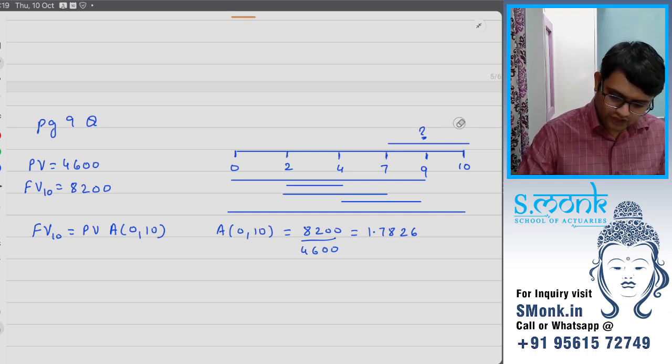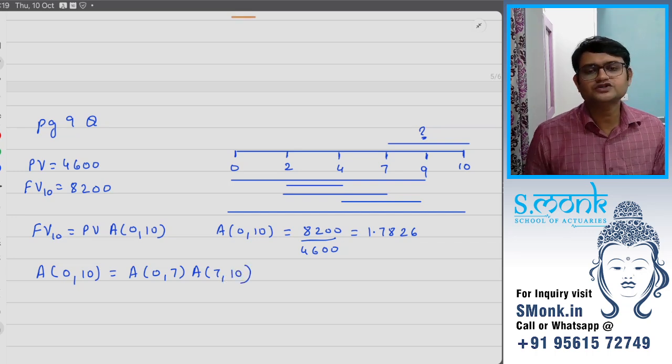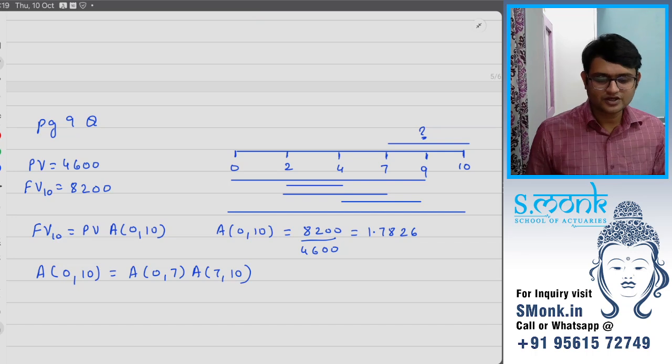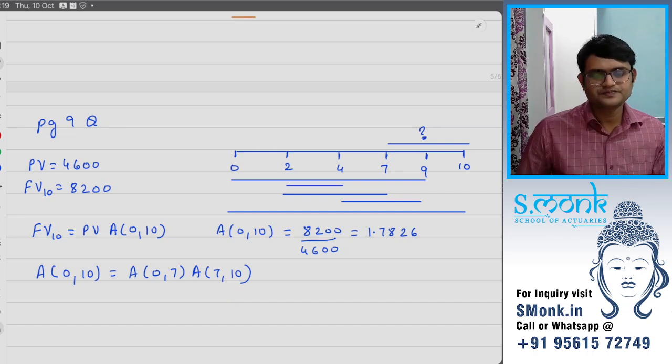So I can say accumulation factor from 0 to 10 can be written as accumulation factor from 0 to 7 multiplied by accumulation factor 7 to 10. Remember, the accumulation factors will always get multiplied. So we'll go from 0 to 7, then from 7 to 10.